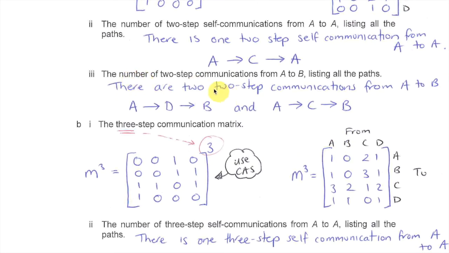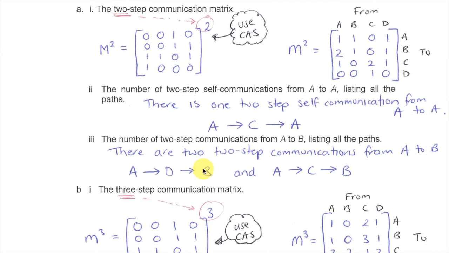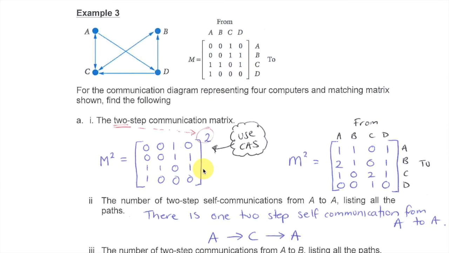Part 3, the number of two-step communications from A to B. Okay, so from A to B. There should be two paths that involve two steps, and these are the paths ADB and ACB. Let's go back to the original communication diagram and look at ADB.